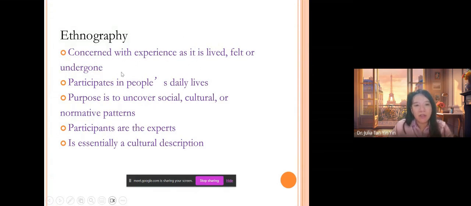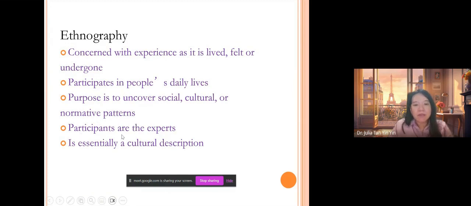We participate in people's daily life, like we go and stay in that village, mix with the people there, actively involved in their life. Our purpose is to uncover social or cultural or normative patterns of the people in the community there.